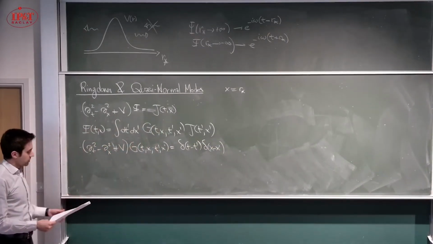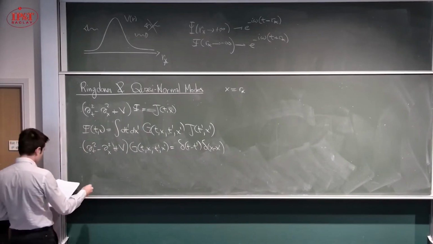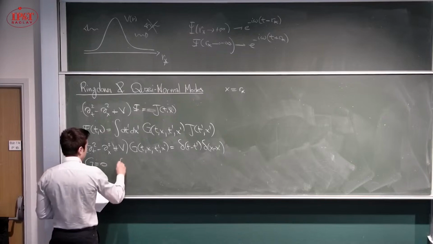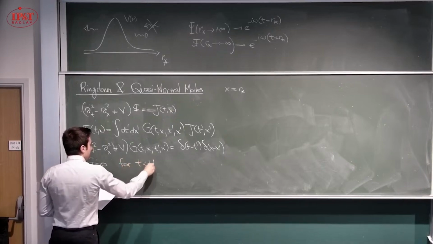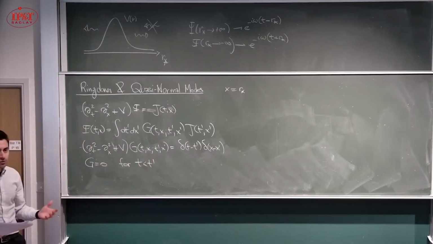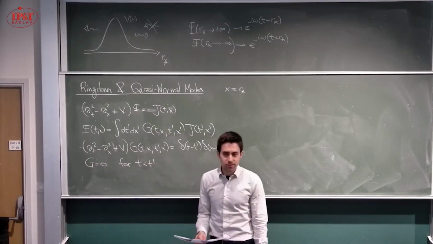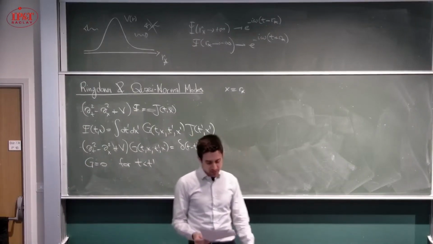And of course we require that the boundary condition for the Green's function is that G has to be equal to 0 for t less than t'. Okay, so this is the standard notion of classical causality, or a primitive notion of causality, so just retardation.